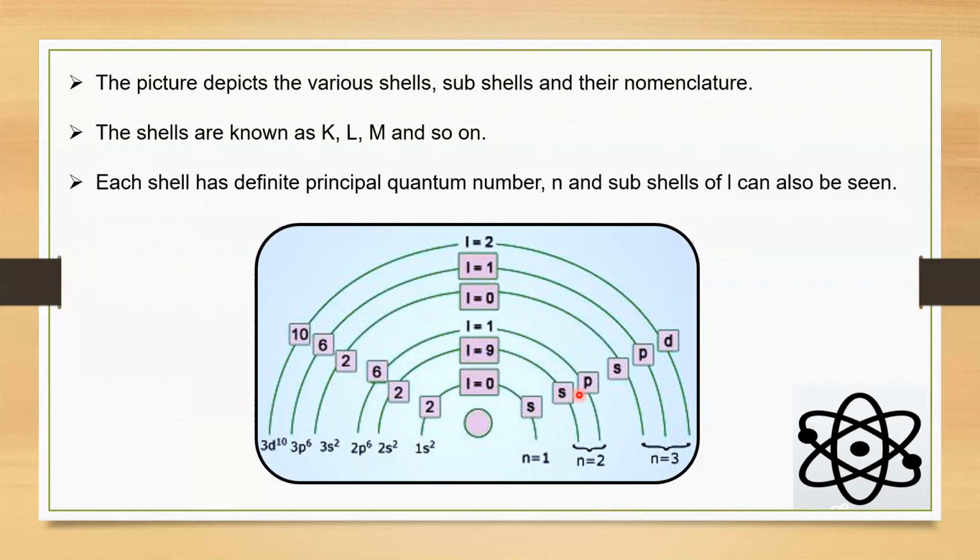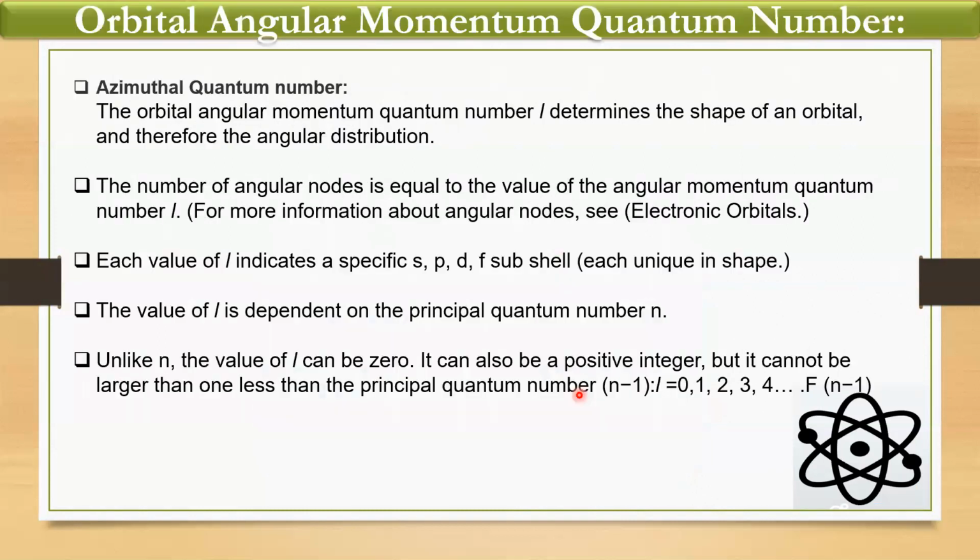Next comes the orbital angular momentum quantum number, denoted by small l, also known as the azimuthal quantum number. It determines the shape of an orbital and therefore the angular distribution.